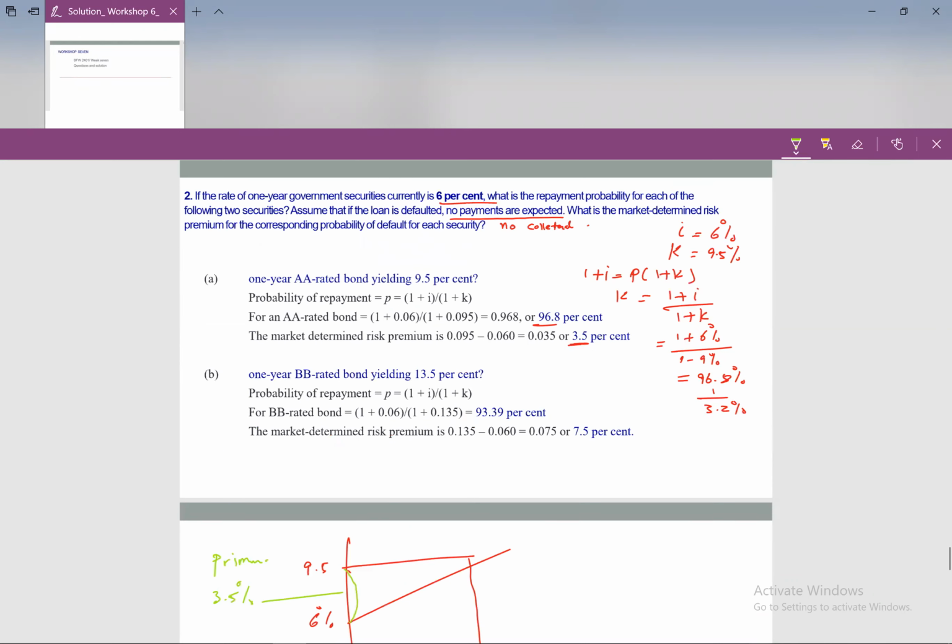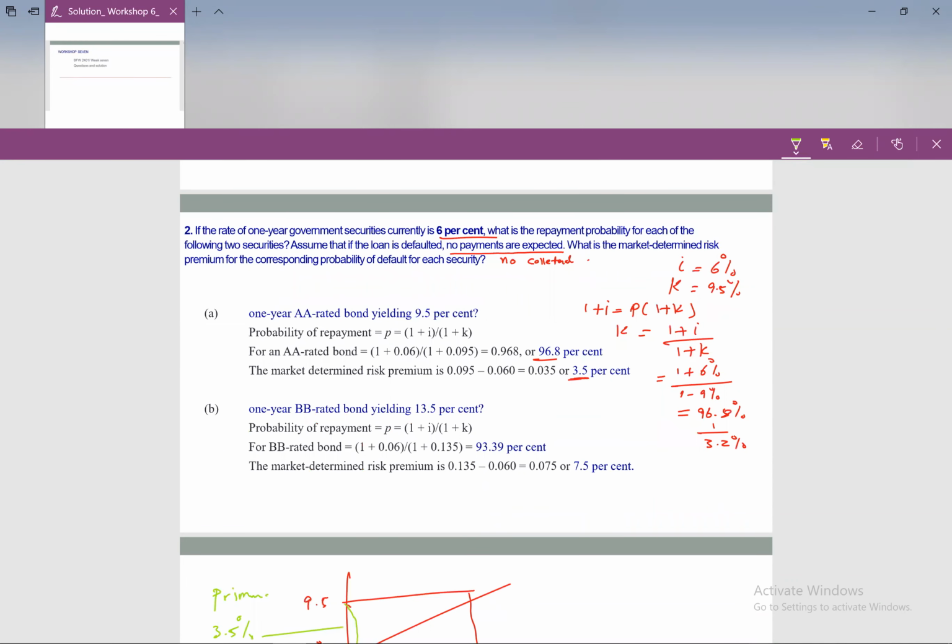Okay, if you continue with this, it's the same thing. What if it is 13.5? This is a very risky company.